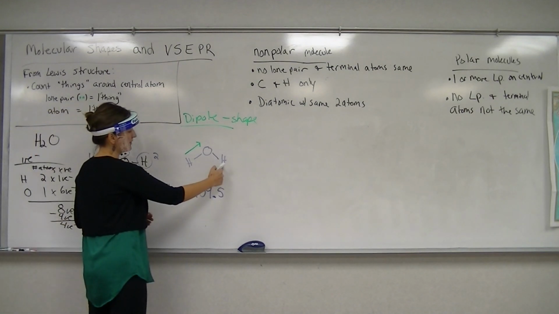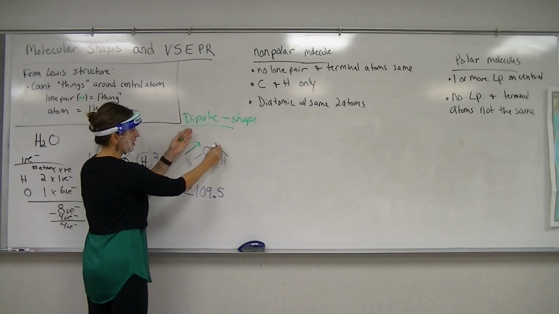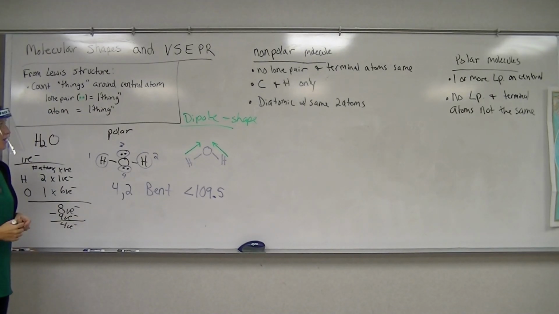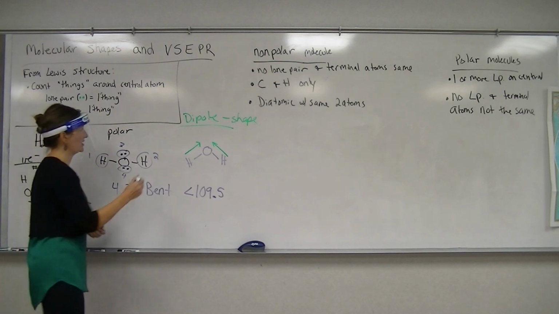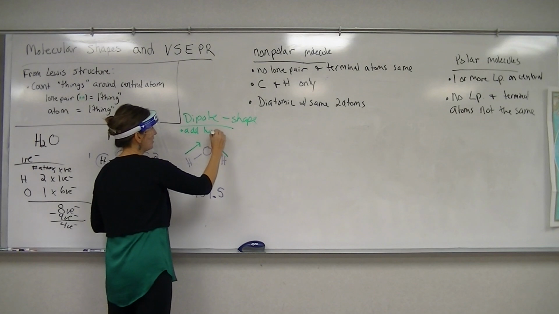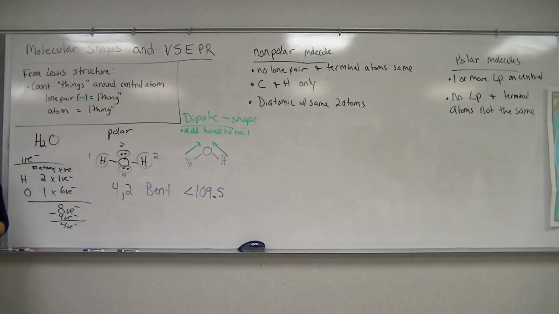Okay, so now I have this hydrogen. I'm going to do the same thing, because if I isolate this bond, the oxygen is more electronegative, so I would draw an arrow pointing there. So now I need to figure out if it has a dipole. What that means is I'm going to add the vectors head to tail and see if they cancel or not.